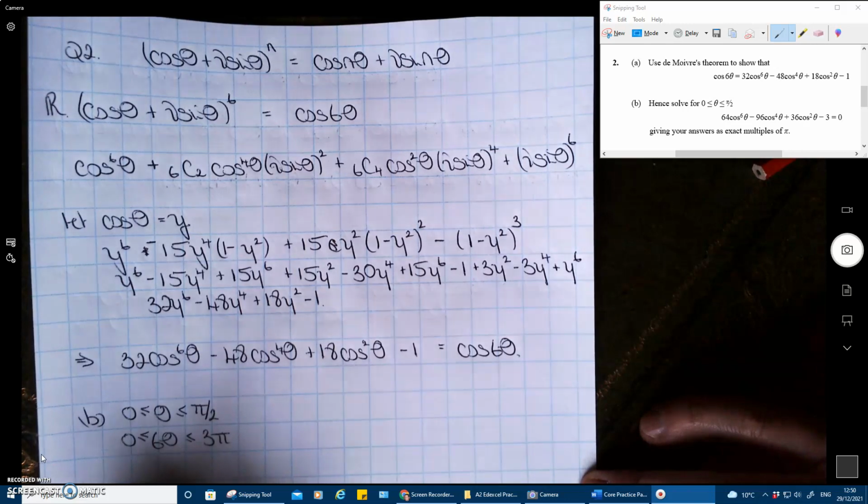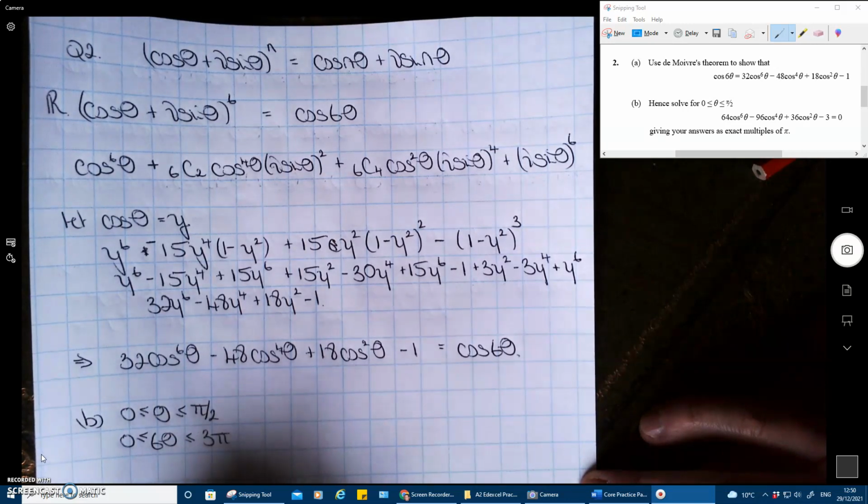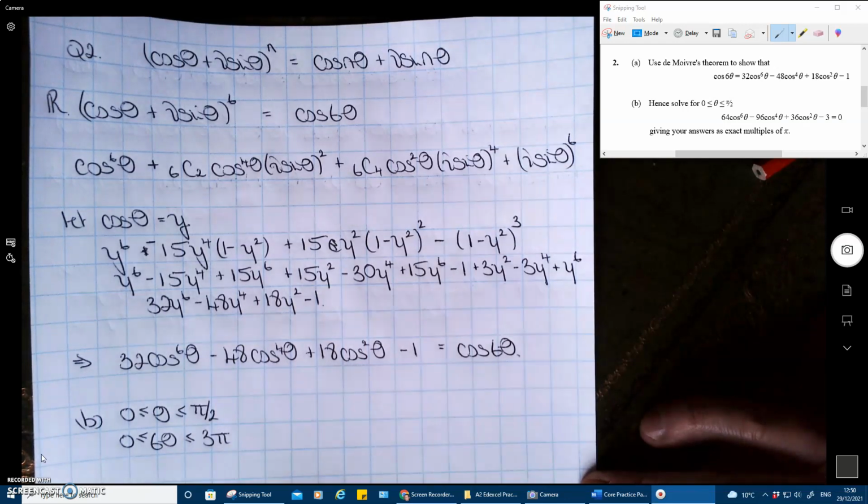So I get 6 theta is pi by 3, 5 pi by 3, sorry, yep, I often think in degrees to be honest, but 60 degrees.